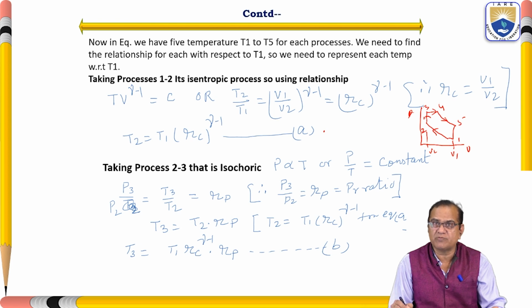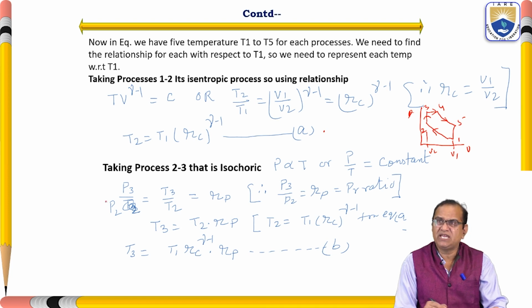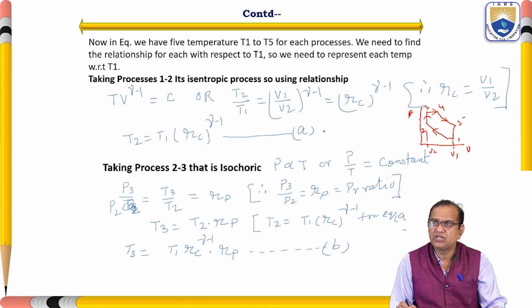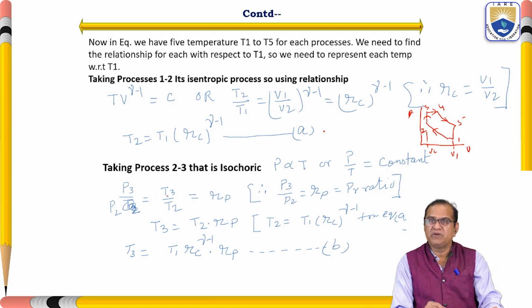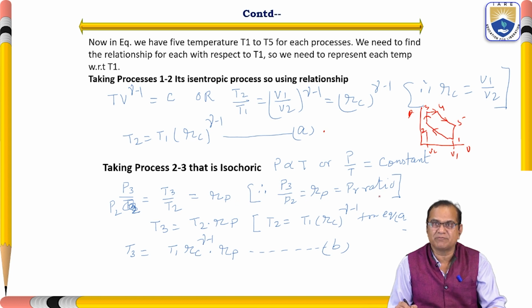Now we have to find out at constant volume 2 to 3. It is called isochoric process, taking process 2 and 3. So we can write here that P3 by P2 is equal to T3 by T2. Okay, so this P3 by P2 is called the pressure ratio RP. P3 by P2 is equal to RP, the pressure ratio.